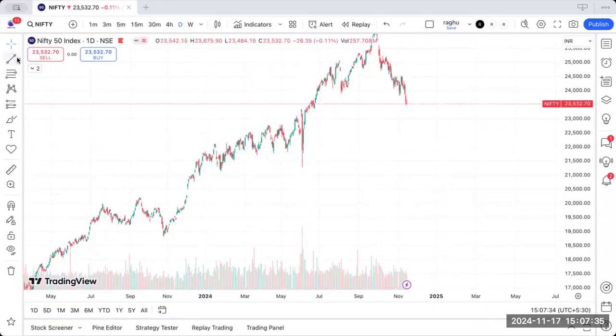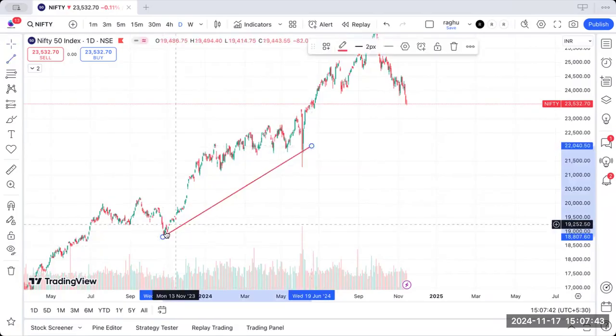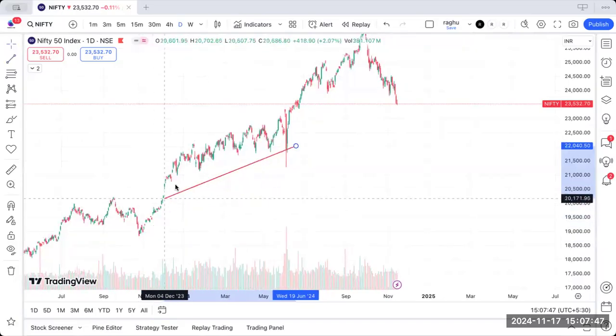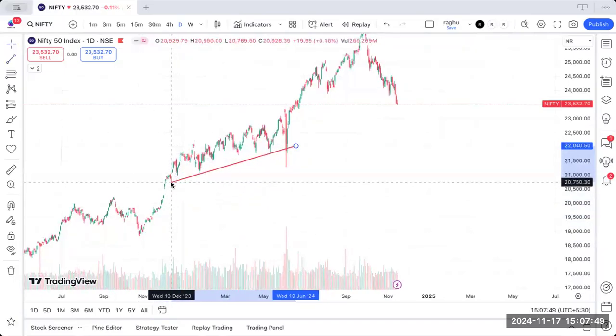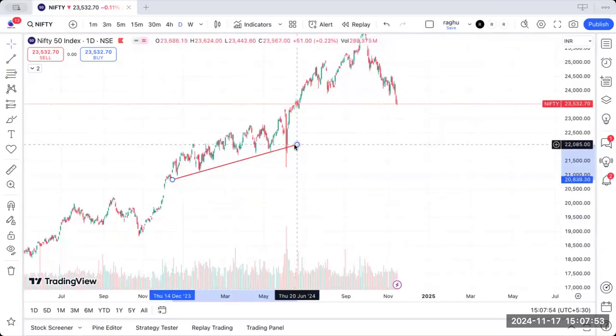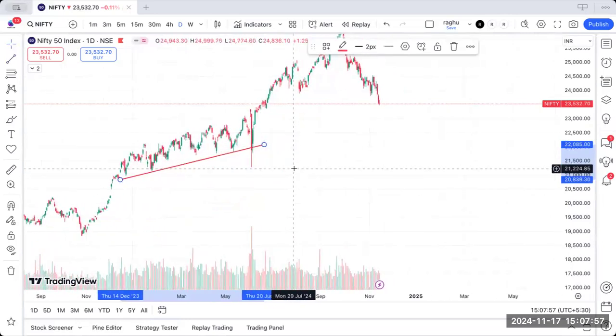If I make a trend line from this bottom, this broke the line, and it was panic selling as per the price action.